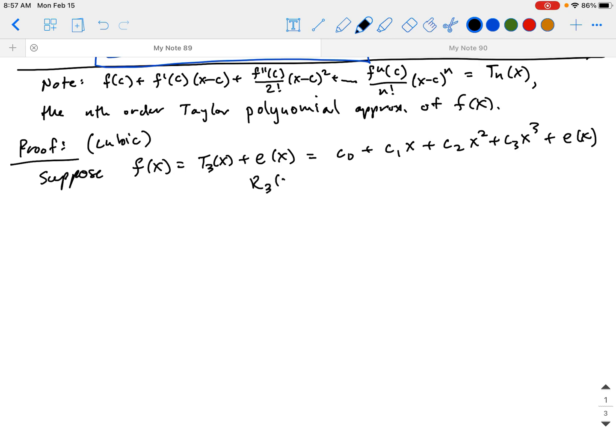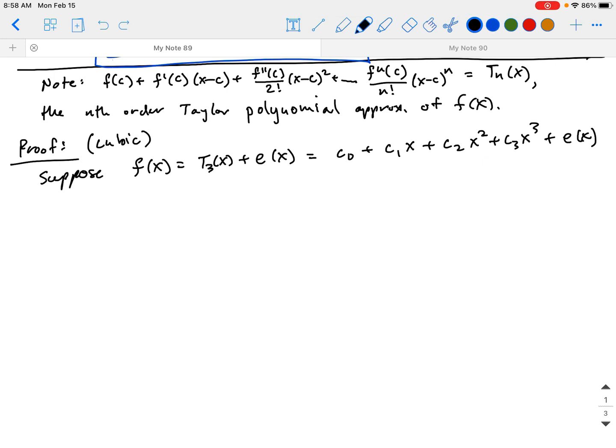So e of x is really the remainder of x, but we'll just call it the error term. So f of x on some particular interval I, evaluated at some value, let's say c or h or z, some value that fits within that subinterval, is going to be representable as the Taylor approximation plus some additional remainder term.